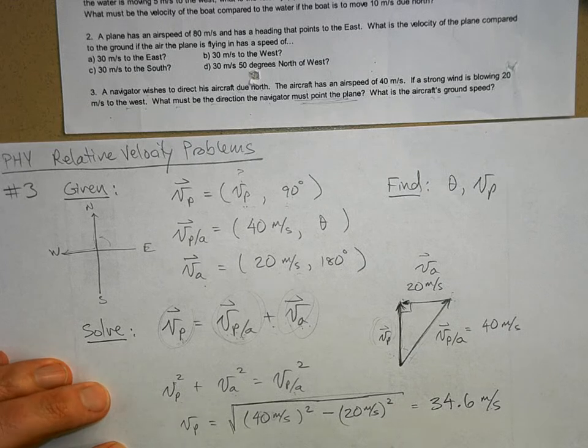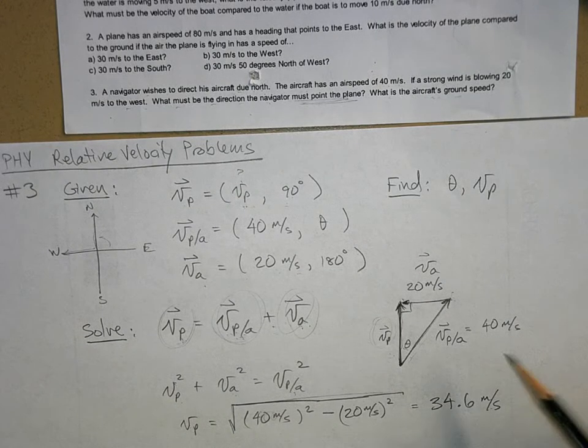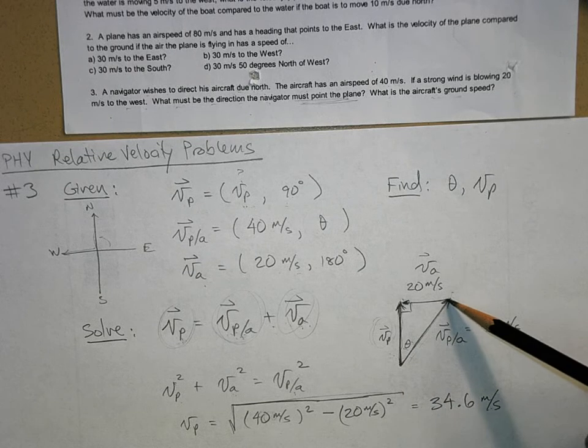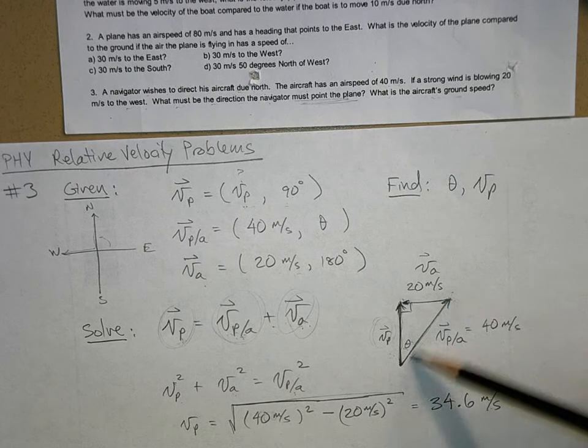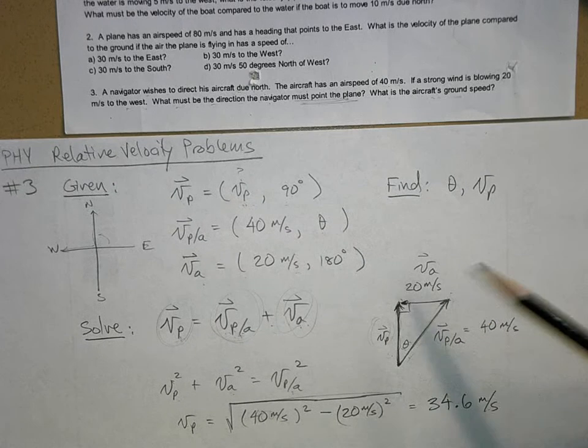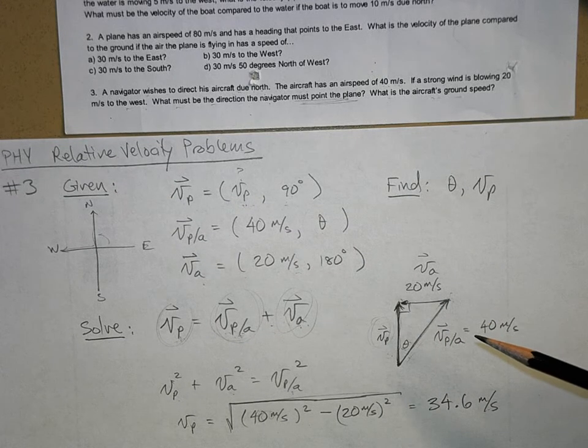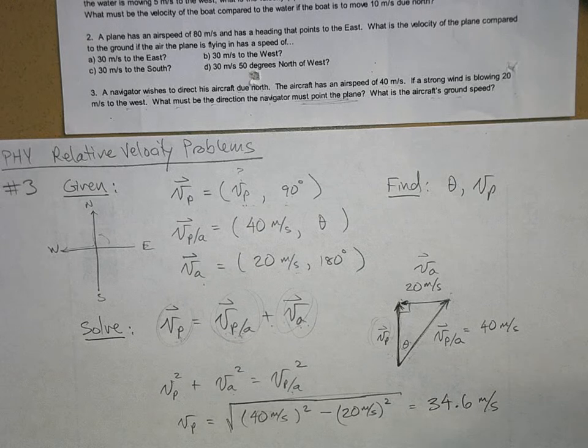Now to figure out the angle, let's figure out what this angle is. What do I know? I know the opposite, and I know the hypotenuse. I also know the adjacent. So I can use inverse tangent if I want, but here I'm going to use inverse sine.